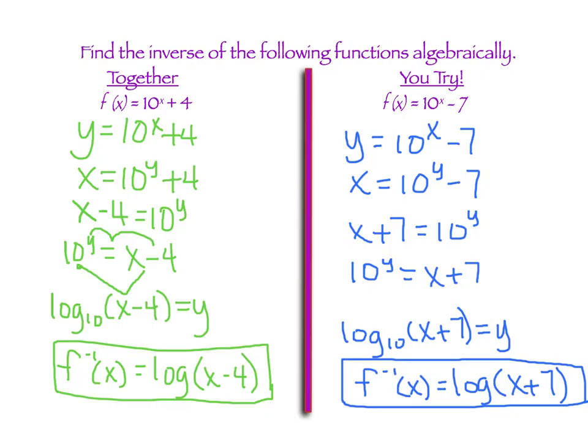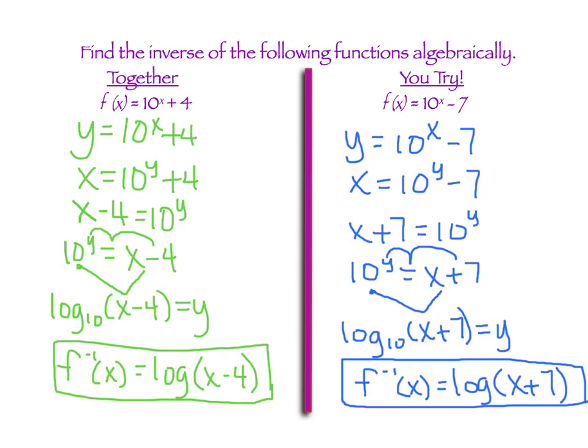Now that we've done that, all you're ready to do is change it to log form. So you have log base 10 of x plus 7 is equal to y.